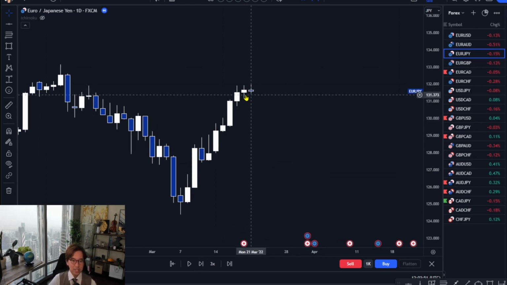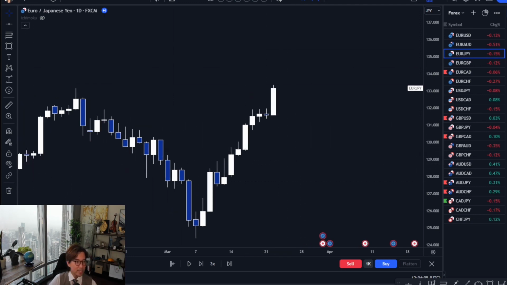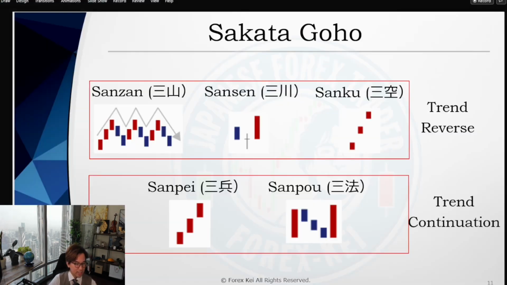Okay, another doji. So this is still a potential Sansen here. Okay, it didn't reverse in this case, but instead this pattern became a Sanpo. You see, Sanpo is this one. Previously there's a bullish candlestick, and then this is also called an inside bar, and then the market breaks bullish.